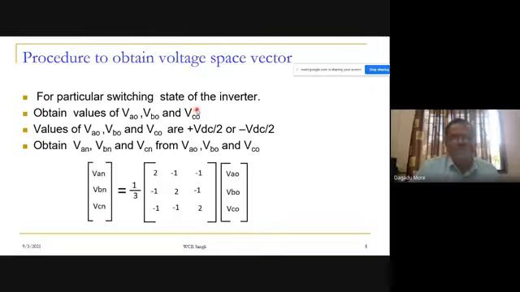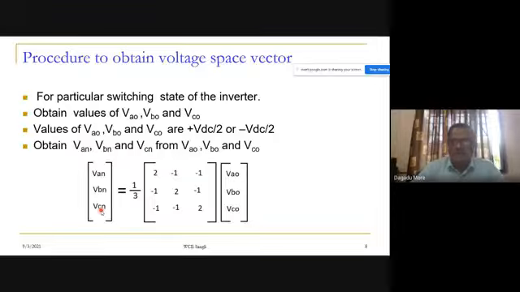Depending upon the switching state, the values of VAO, VBO, VCO will be plus VDC by 2 or minus VDC by 2. We take one particular switching state, put in the values of VAO, VBO, and VCO, compute, and we get VAN, VBN, and VCN.